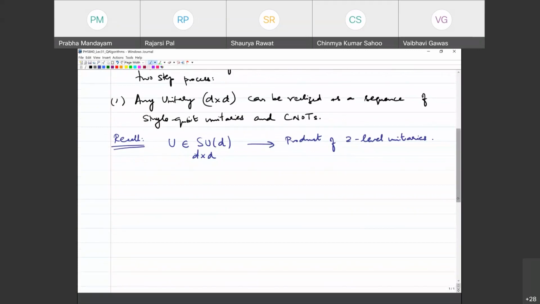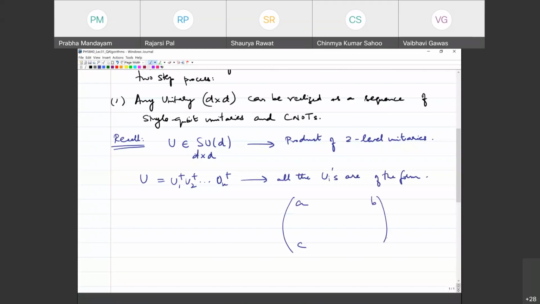Where we showed that the idea is that any such U can be written as some U1 dagger, U2 dagger, etc., UK dagger, where all the UIs are of the form. So one example could be like this, that they have only these entries populated, right?